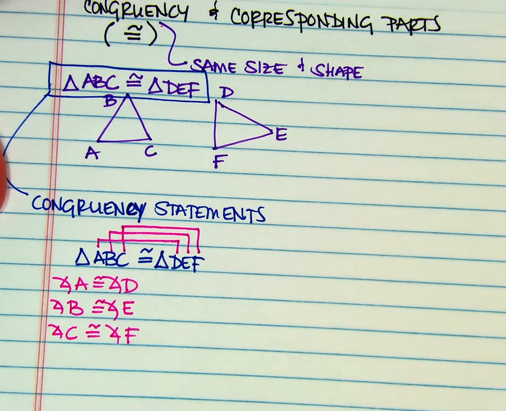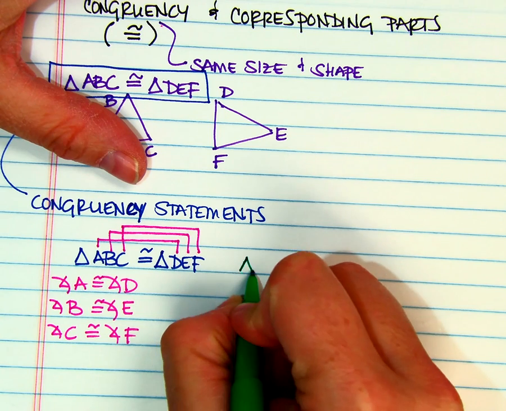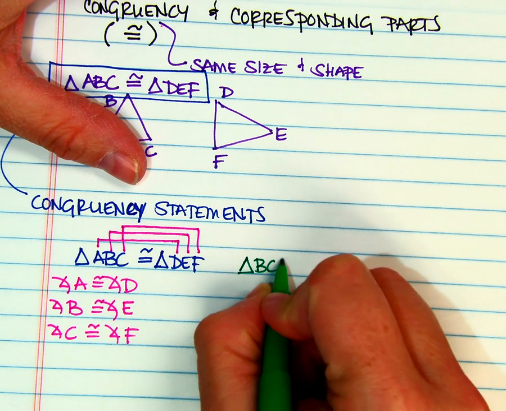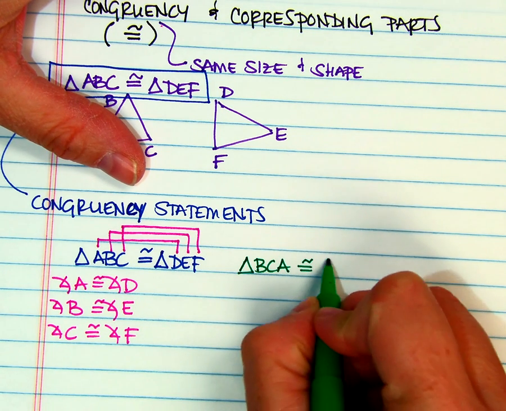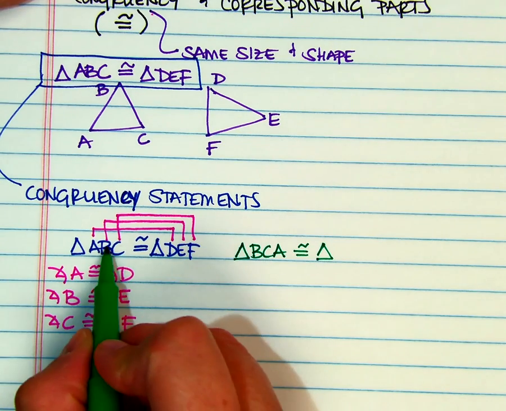So order does matter. Now, when I say order does matter, I could change this and have triangle BCA is congruent to triangle EFD. I just have to be consistent.